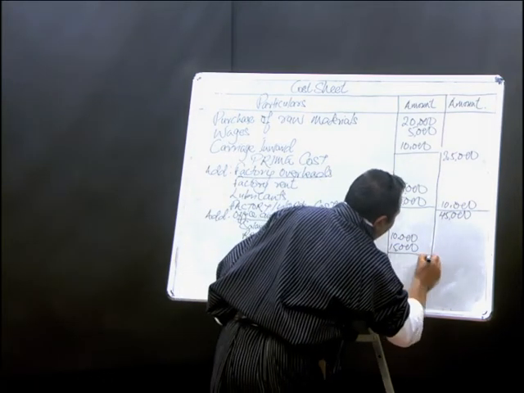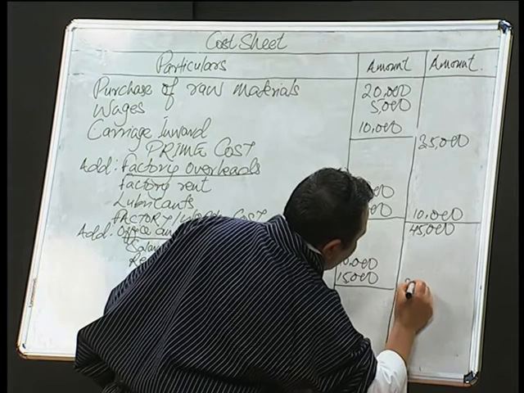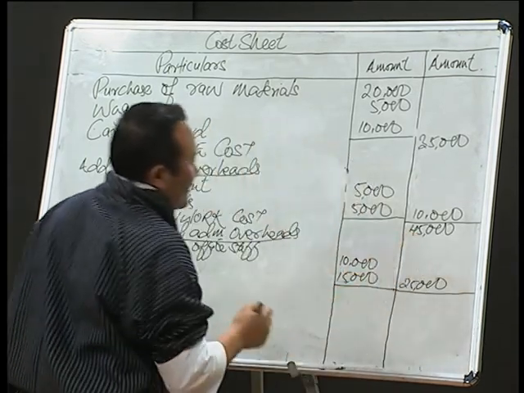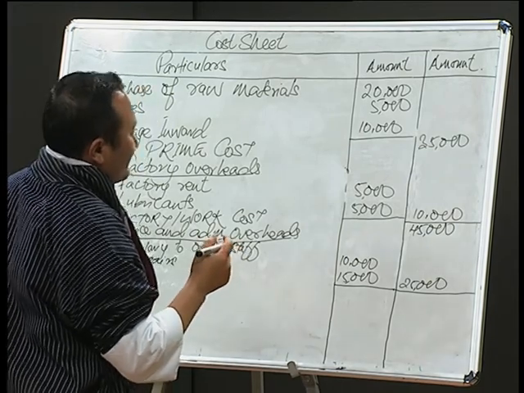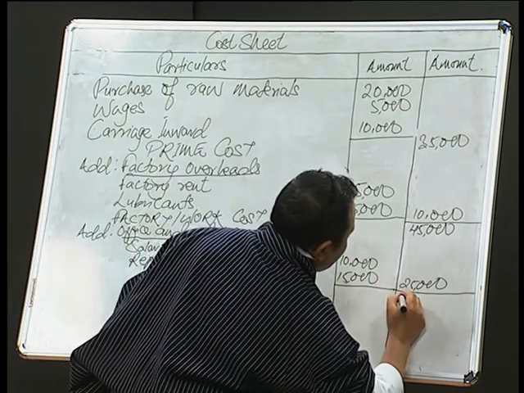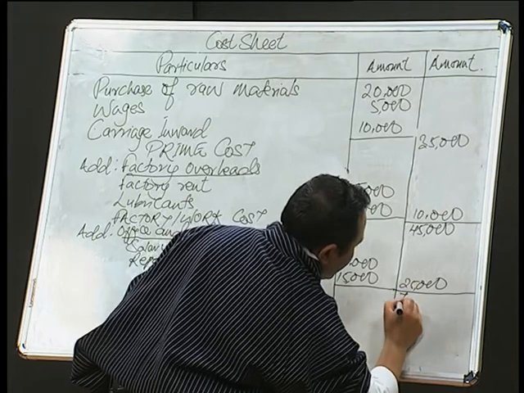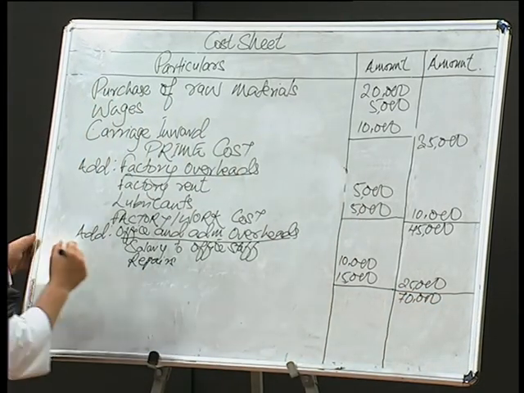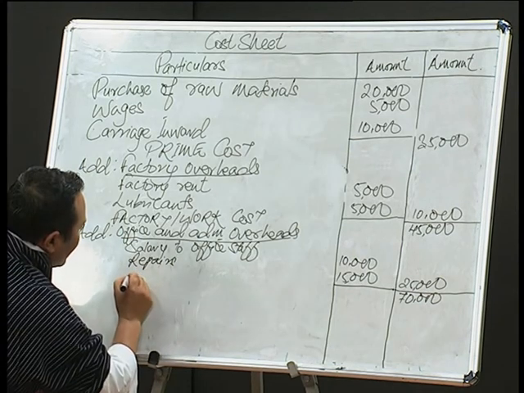All this together amounts to 25,000. So the result we get, 45,000 plus 25,000, is 70,000. This is what we call the cost of production.